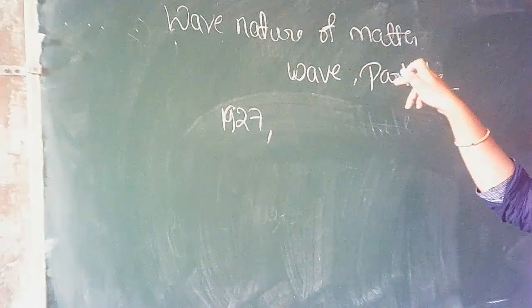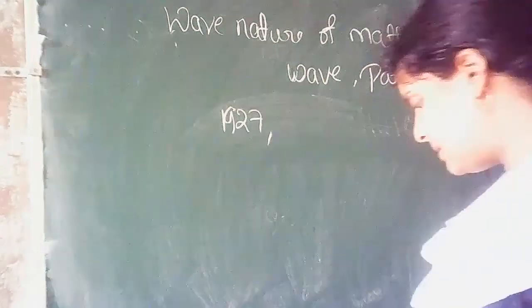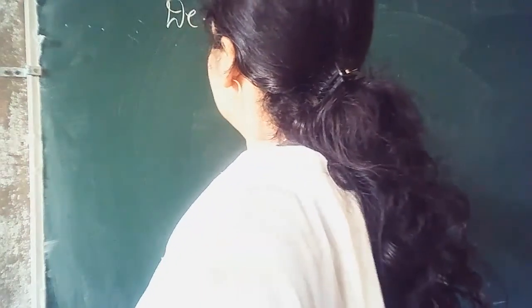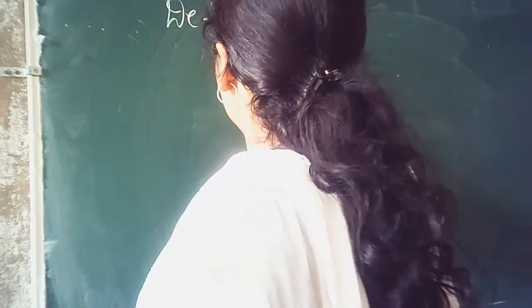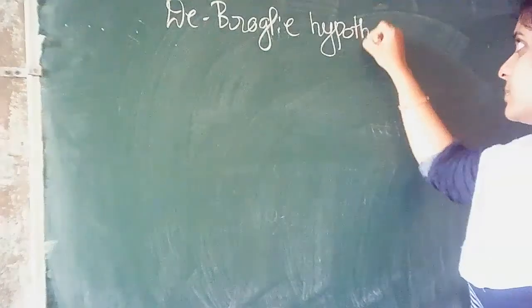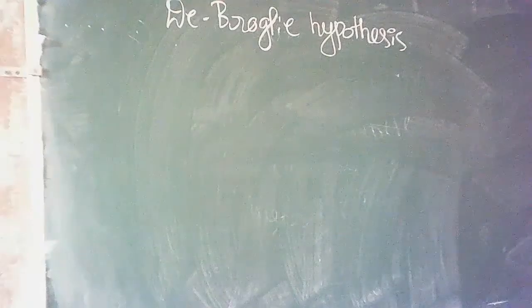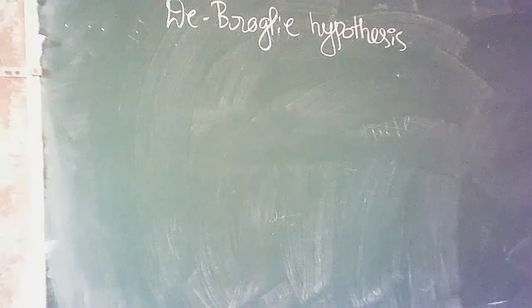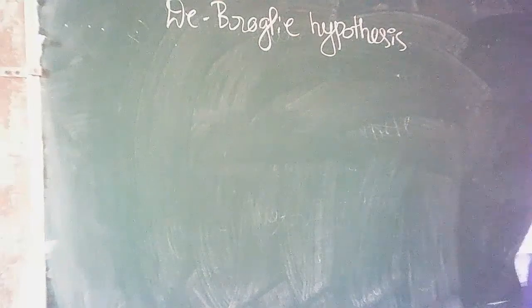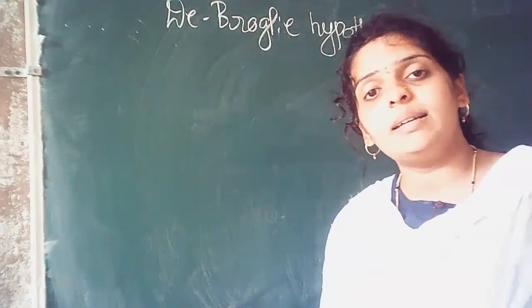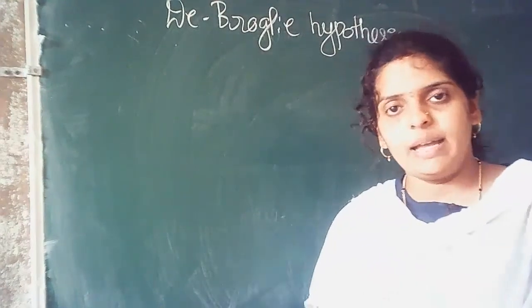So what is this De Broglie hypothesis? Let us discuss. So next concept is De Broglie hypothesis. According to De Broglie, a moving matter behaves as particle as well as wave.